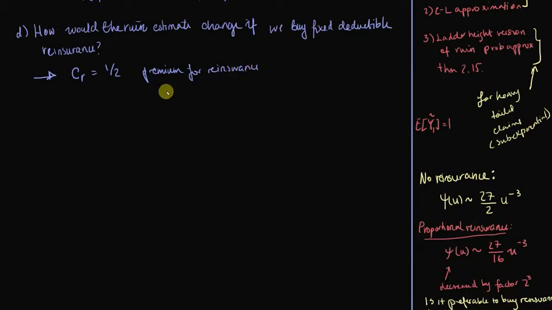And the way a fixed deductible reinsurance is designed is that your self-insurance function is given as the minimum of the claim size and some deductible B, whatever is lowest, where B is some deductible.